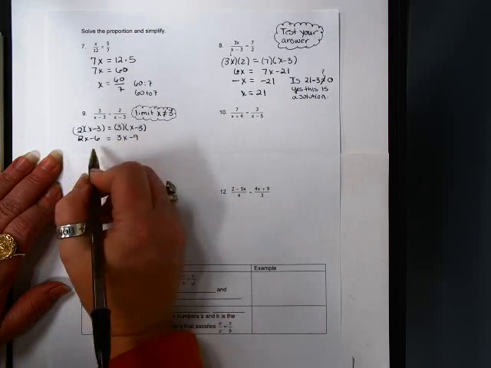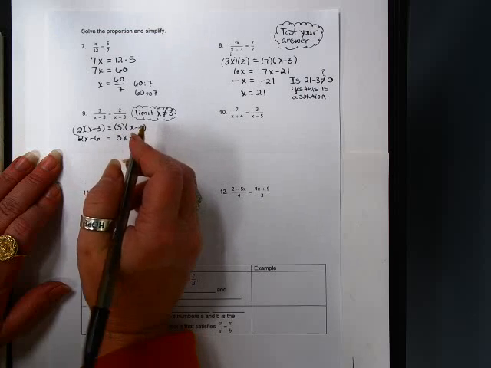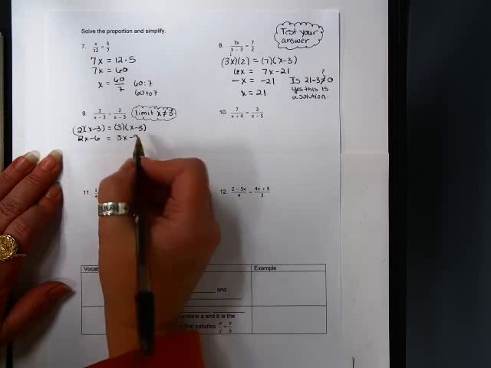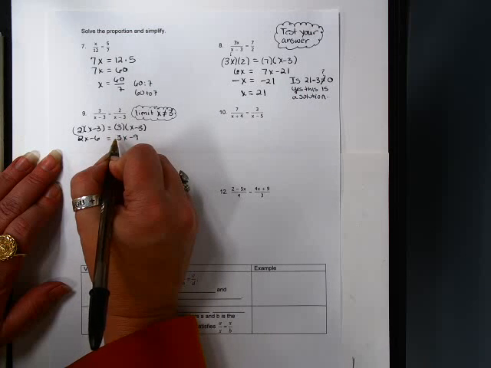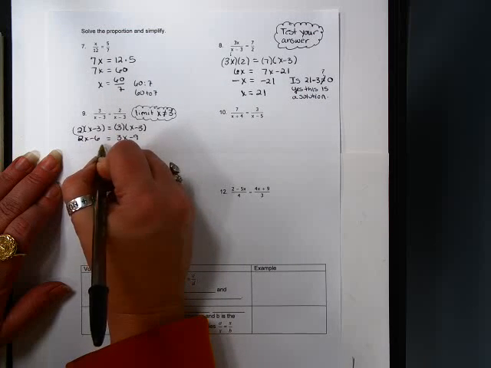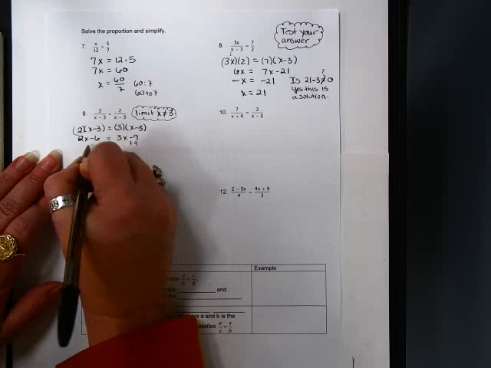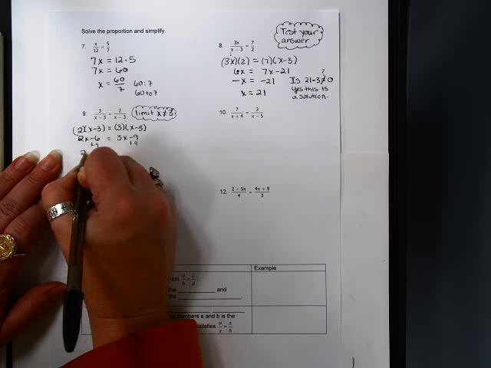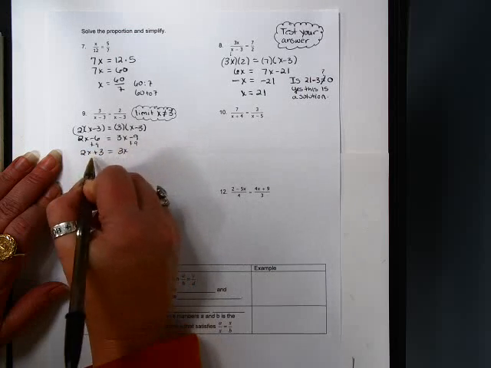When I solve this, I'm going to move this over to the other side, and I get, let's see, over here, if I add 9, that's going to be 2x plus 3 equaling 3x.